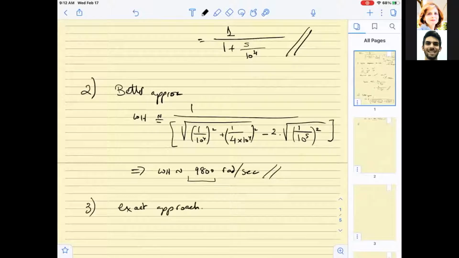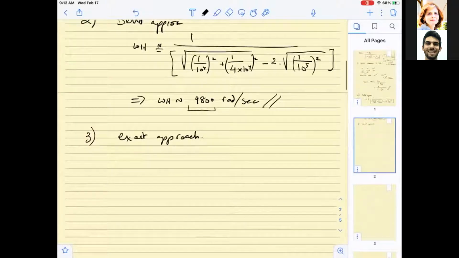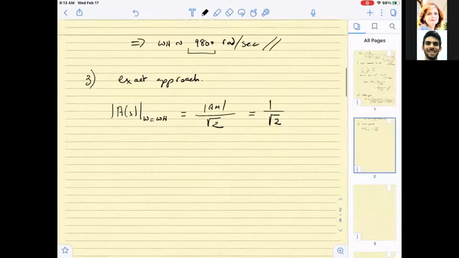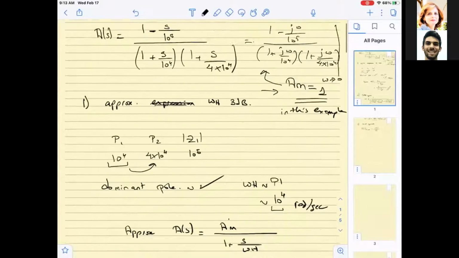Okay, so the third approach that we can use to estimate the 3 dB frequency is the exact approach. Okay, and in this we say that the magnitude of A of S at omega equal omega H is equal to the magnitude of the low frequency gain divided by root 2. Meaning in this scenario, because AM is 1, it should be equal to 1 over root 2. Now, what is the magnitude of this expression?